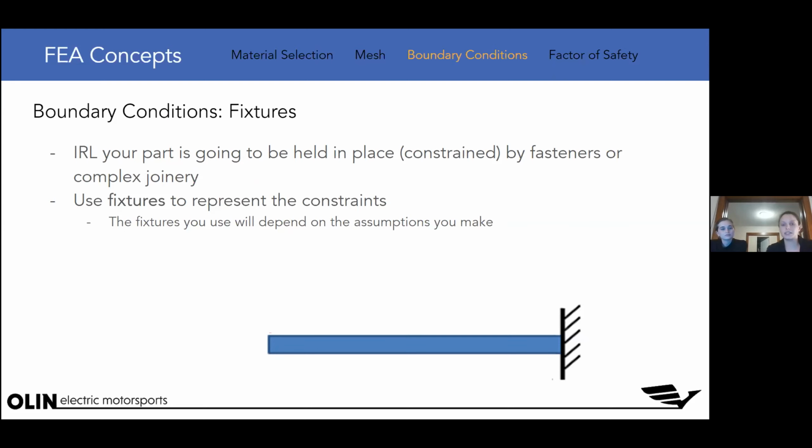This is also a good example of making an assumption about your fixtures, because if you were to put this case into analysis, you would assume that the fixture between the beam and the wall is unbreakable, because you want to see the deflection in the beam. So you assume that fixture is made with the strongest glue ever, and you're not going to have to worry about it. That's an example of an assumption in fixtures that will make your analysis easier.